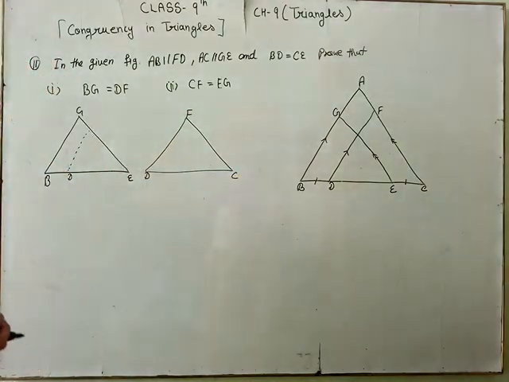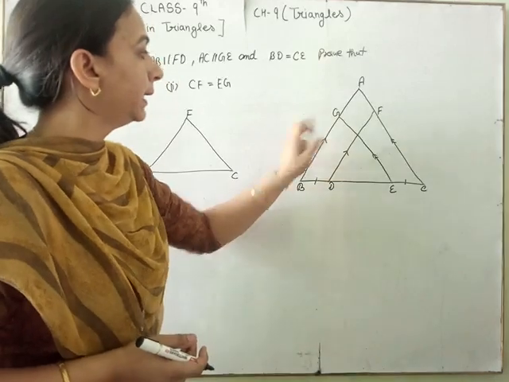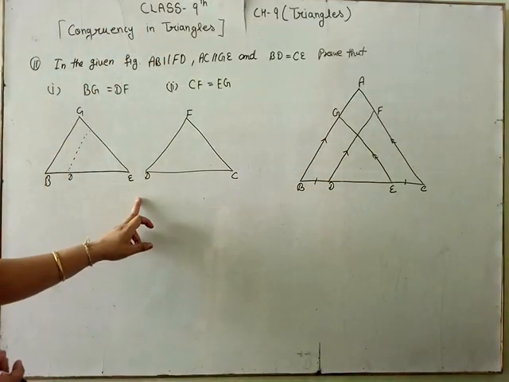Okay, there are two triangles, BEG and DFC.